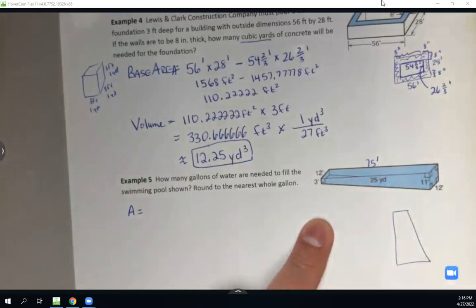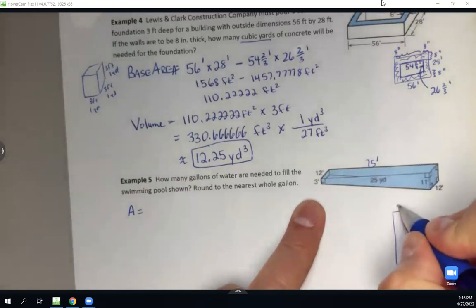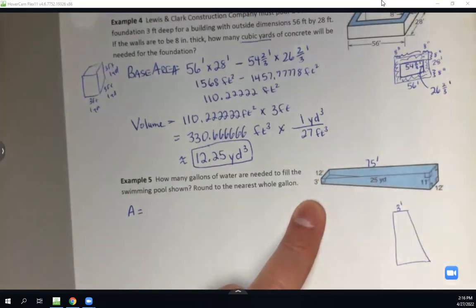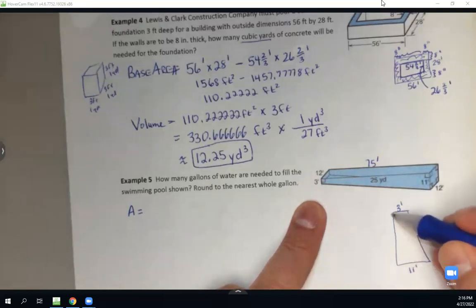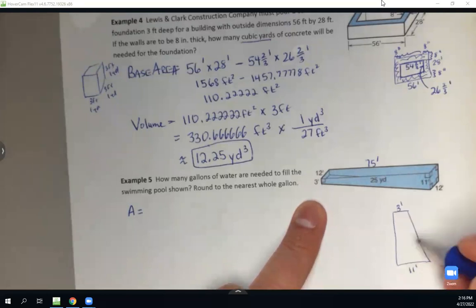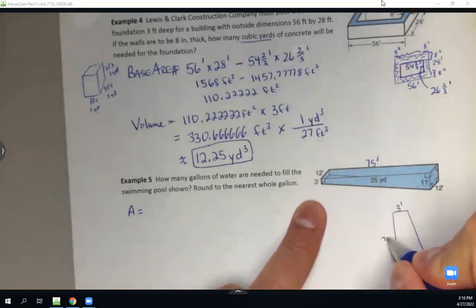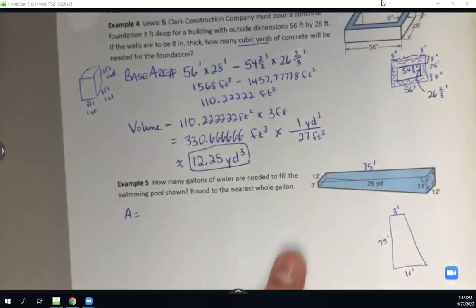It's kind of like this. You with me? So base 1 is going to be the 3 feet right here. Base 2 is going to be the 11 feet right here. And the altitude of the trapezoid, or the height of the trapezoid, is going to be the 75 feet. Does that make sense?